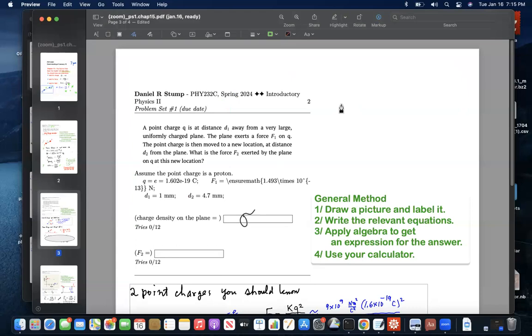So I could draw a quick picture here. Here's a plane, and it's charged. Let's say it's positively charged. So throughout this plane, there's charge.